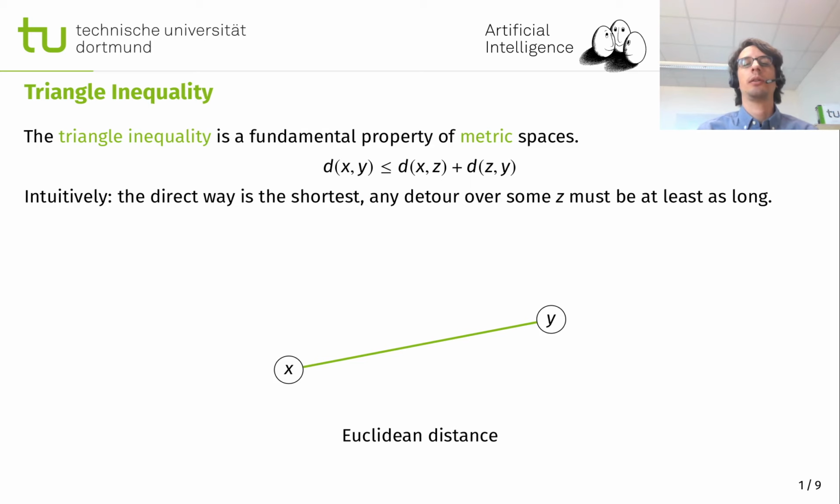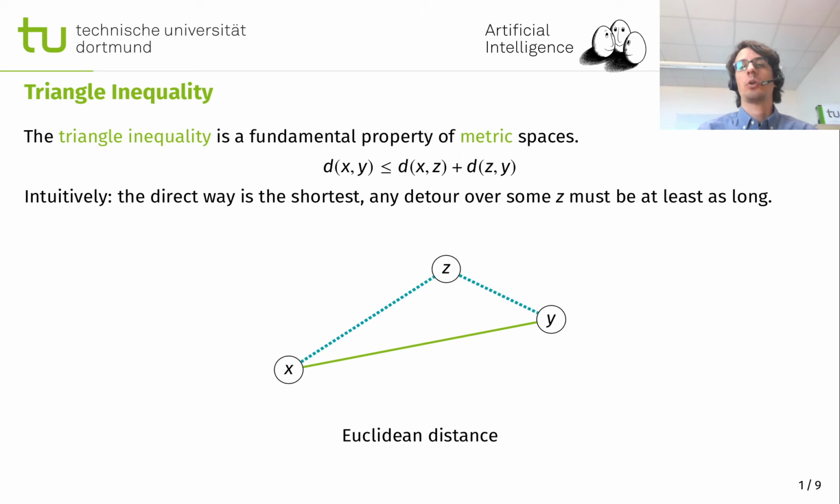That intuitively means that we know the shortest path from x to y, and this distance measures the length of the shortest path. Any detour over some point z is at least as long as this shortest path. So for Euclidean distance, that is, as the crow flies, the direct connection between 2 points.